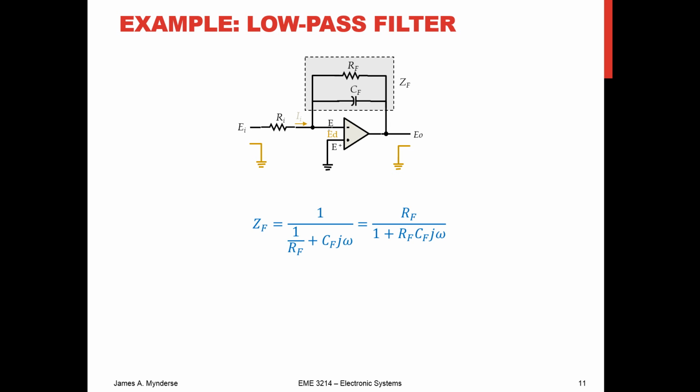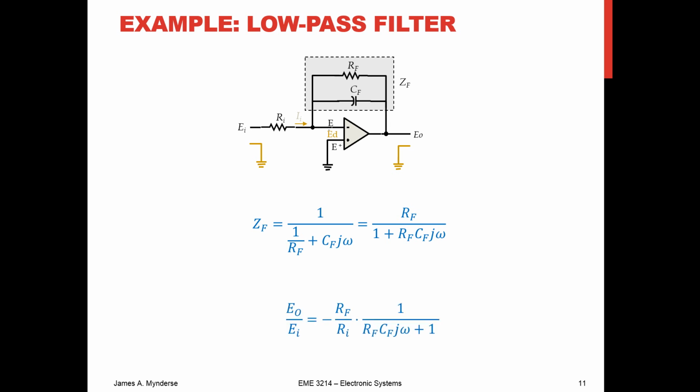So if we do that in parallel, think back to your circuits and electronics class, it's going to be the reciprocal of the sum of the reciprocals of the impedances of each element. So 1 over the quantity 1 over Rf, plus the reciprocal of the impedance of the capacitor, which in this case is Cf j omega. So altogether, the complex feedback impedance is Rf over 1 plus Rf Cf j omega.